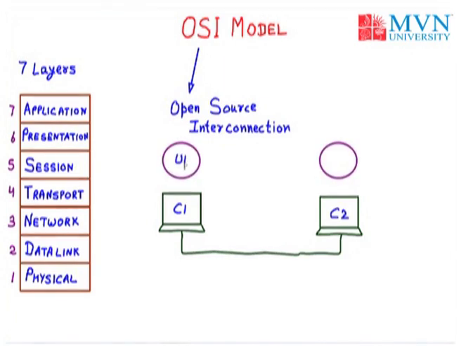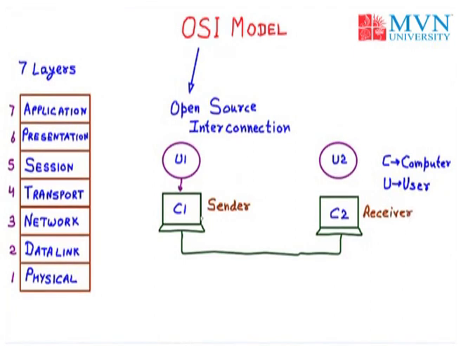I am naming the users U1 and U2. Here C stands for computer and U stands for user. Now U1 is interacting with system C1. You may say that C1 is our sender and C2 is our receiver. That means U2 is receiving the data from C2, and data is traveling from C1 to C2 via some particular bus.